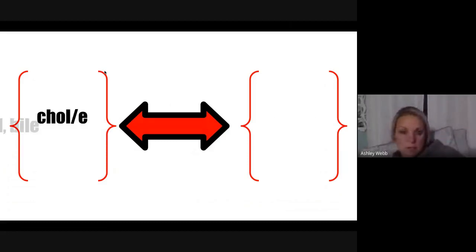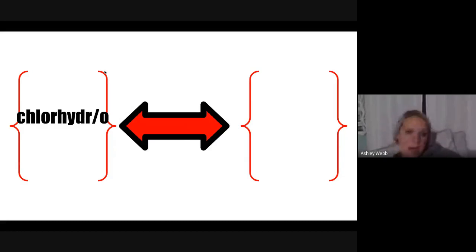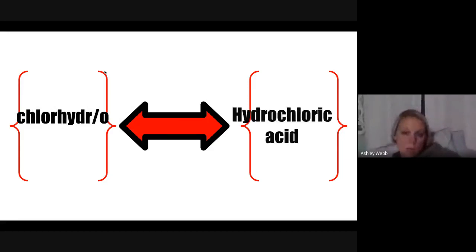This one, of course, is a little bit of a review, gall or more bile. This one is actually hydrochloric acid, okay, which is part of the digestive system in the breakdown of foods. But again, that's a vocab word that we pulled out and we're not going to cover right now.